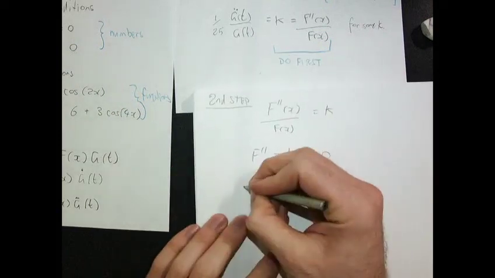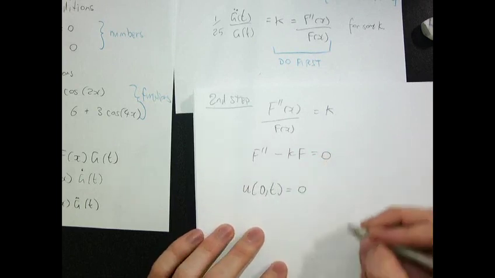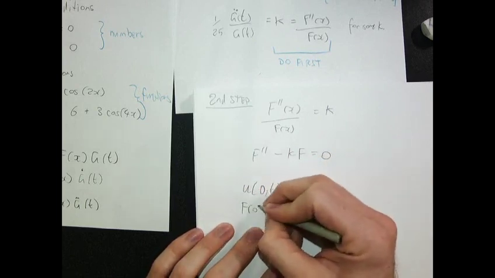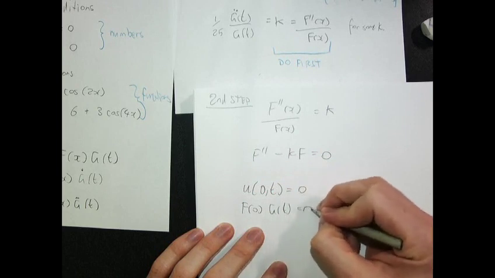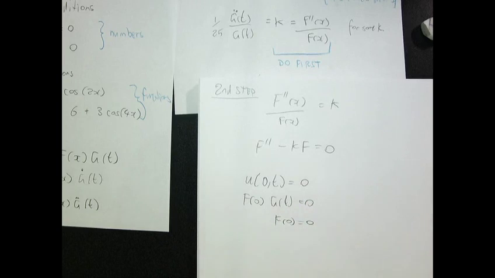Okay, so let's see. We know that u of 0, t is equal to 0, but that's the same as saying that f of 0 g of t is equal to 0, which means that f of 0 is 0.